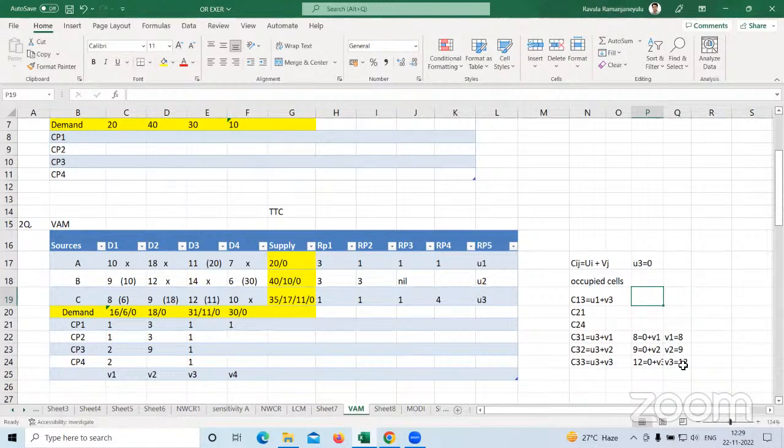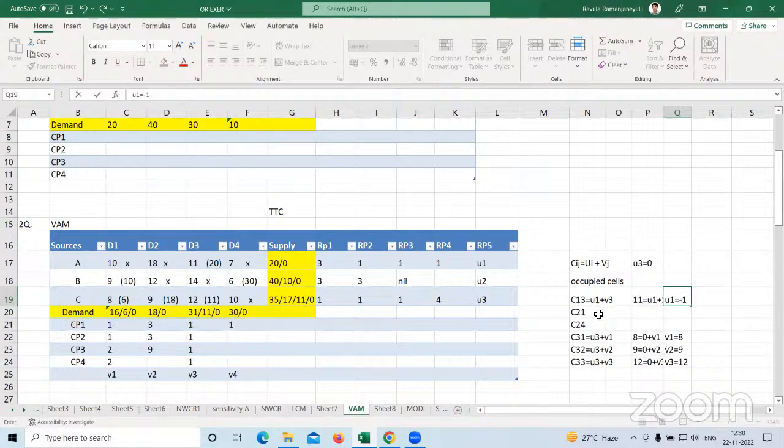So C13 cost is actually 11. 11 is equals to U1 plus 12. Therefore, what is the value of U1? Minus 1. U1 equals to minus 1.